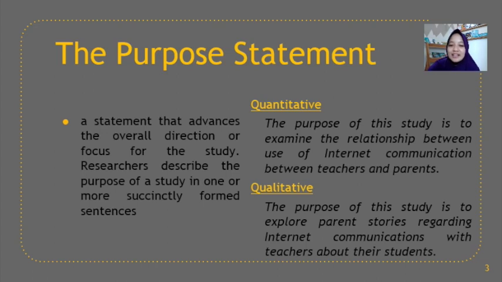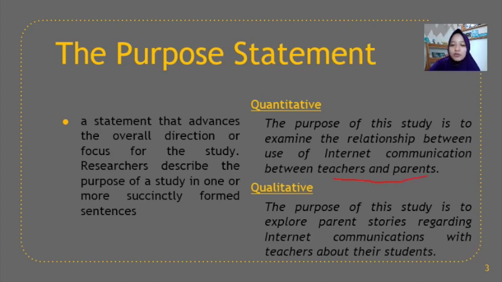in quantitative is: the purpose of this study is to examine the relationship between use of internet communication between teachers and parents. In quantitative, we have to establish our research in variables. Here is teachers and parents.